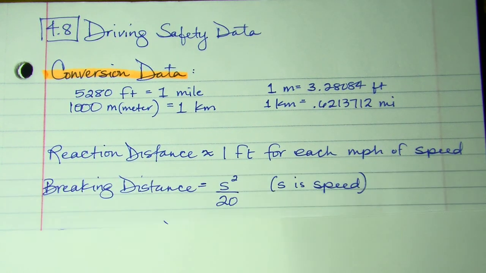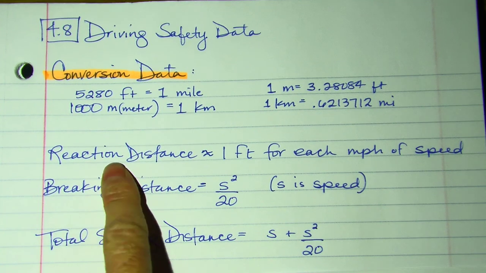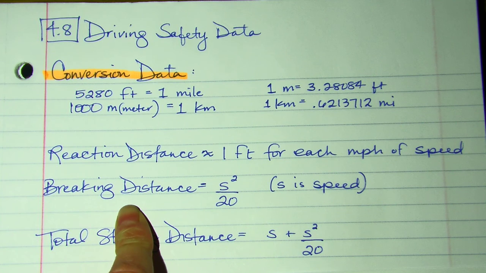The next piece is your braking distance. That's based on how fast we're going, divided by, how fast we're going squared divided by 20. And then finally our total stopping distance. Our total stopping distance takes into consideration our reaction time, plus, once we hit the brakes, it still takes us several feet for our car to come to a complete stop.